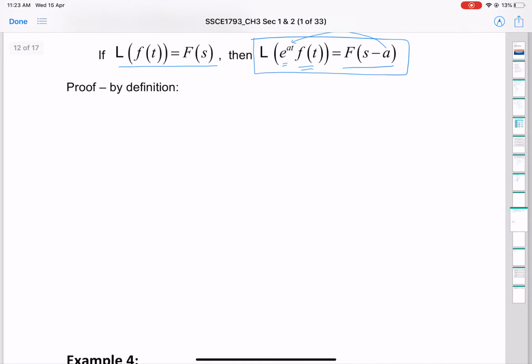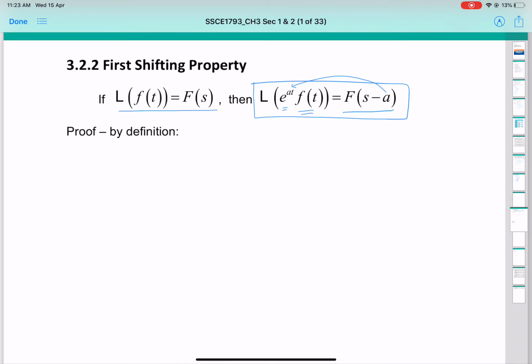So we can prove this first shifting property by definition. By definition, if I have a function f(t), it is equal to the integral from 0 to infinity of exponent negative st multiplied by f(t), and it is denoted by F(s).